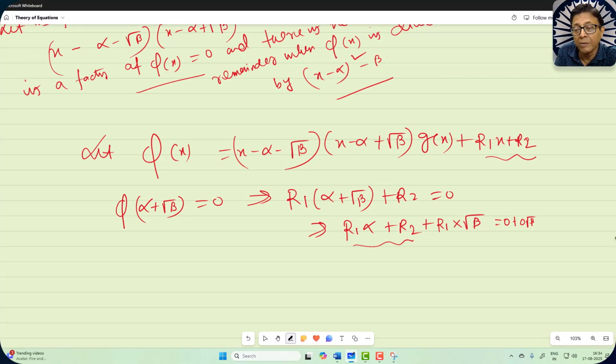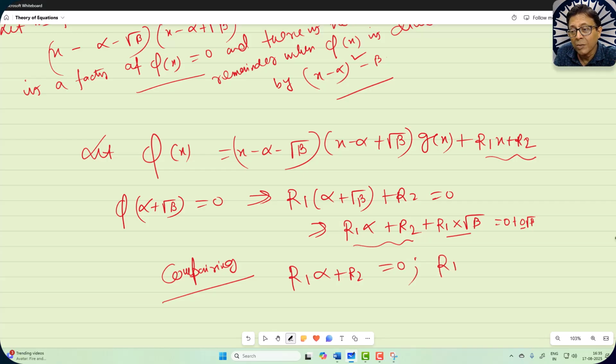Compare the rational part and the irrational part. So on comparing, we get r1 alpha plus r2 is 0 and r1 is also 0. For r1 equal to 0, you put r1 as 0 there, it's coming r2 as 0.